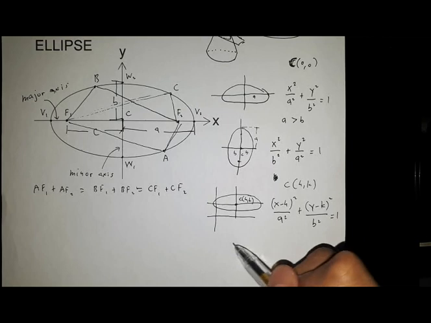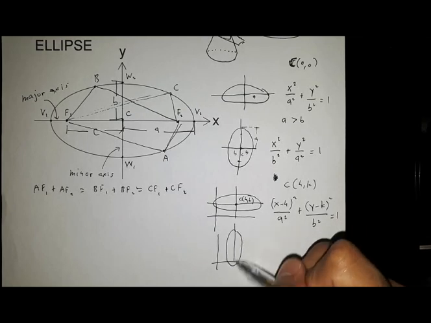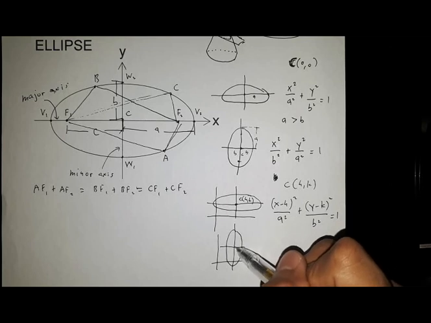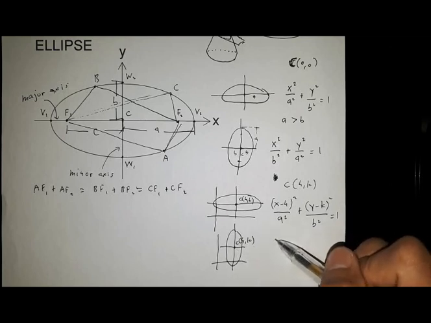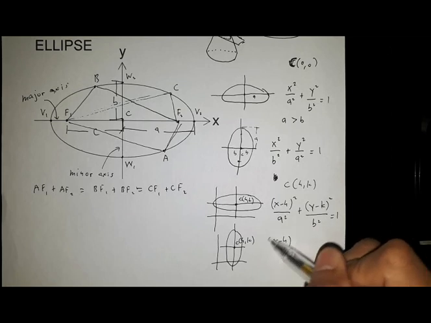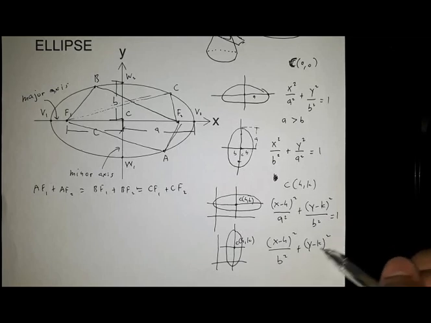And if you have vertical orientation with center at (h, k), you have (x minus h) squared over b squared plus (y minus k) squared over a squared equals 1.